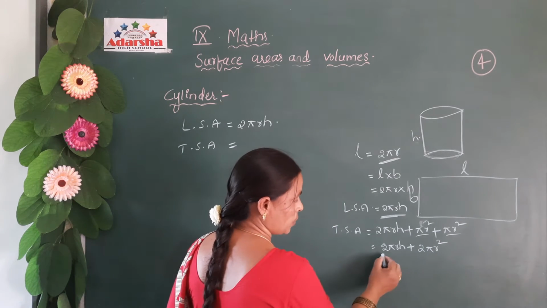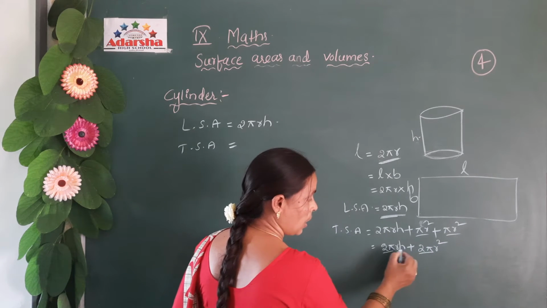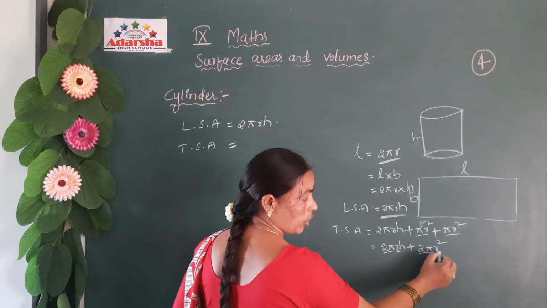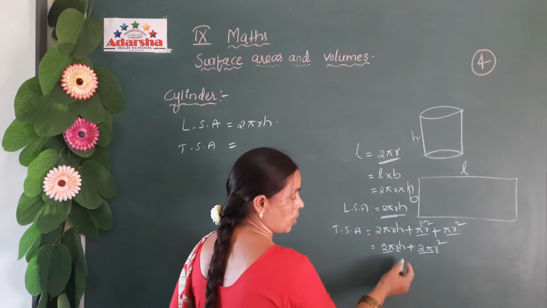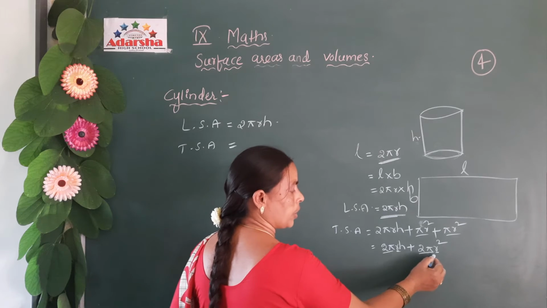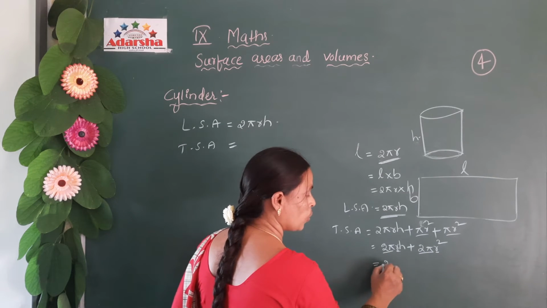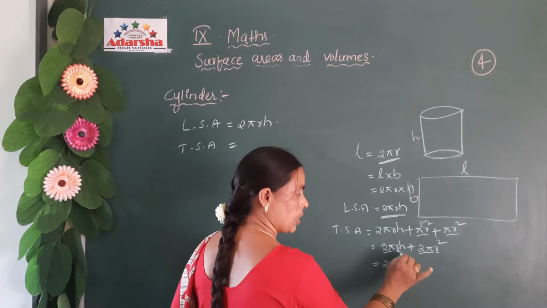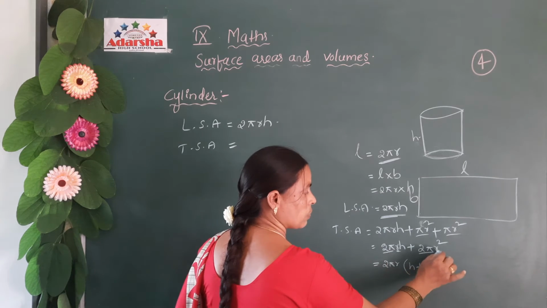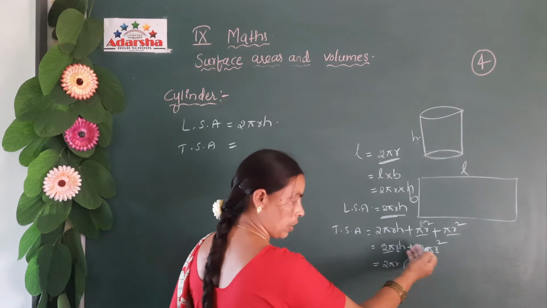In these two terms, 2 pi r is common. Here r square means r into r, so 2 pi r is common. Take 2 pi r out. What is left here? h, plus 1 r, since we took one r out.